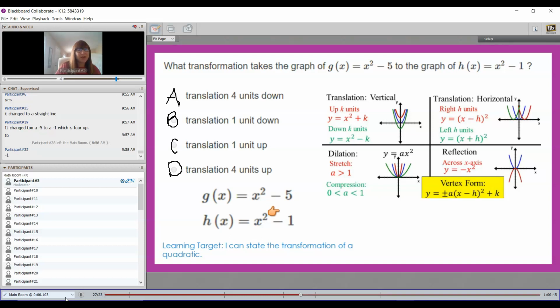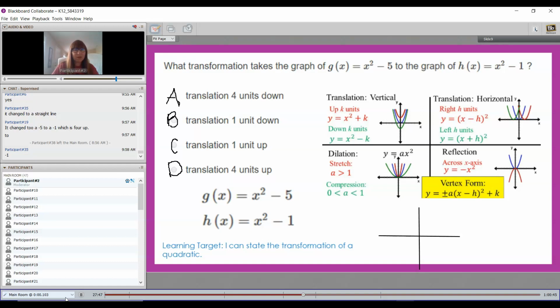It went from a minus 5 to a minus 1, exactly. So think about that parent function x squared. You know that's right in the middle, at the origin. Even without Desmos, you can kind of visualize this one.